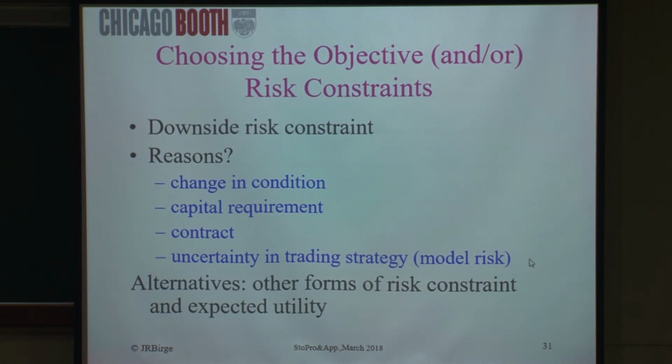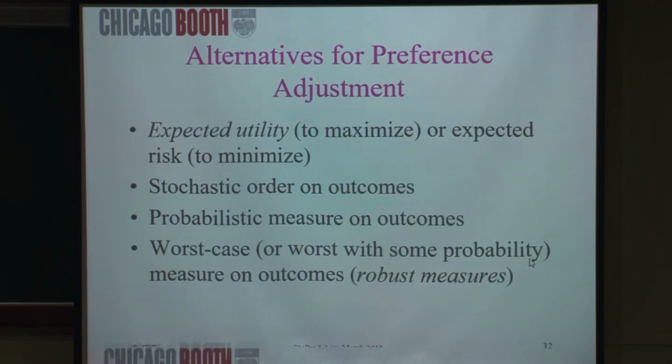But if you put in too many constraints, you don't see unbounded solutions. In reality, you would have had an unbounded solution if I eliminated that constraint. So if I had eliminated this downside risk constraint, I would have seen that there was actual arbitrage in that model.